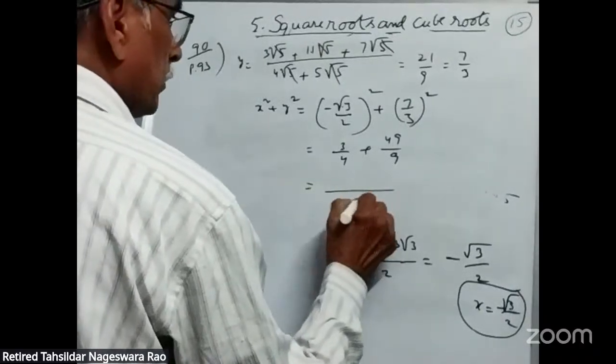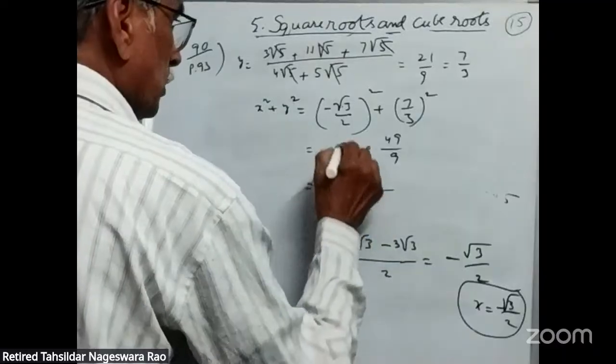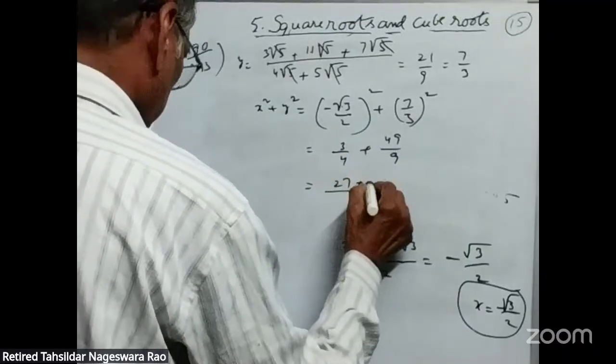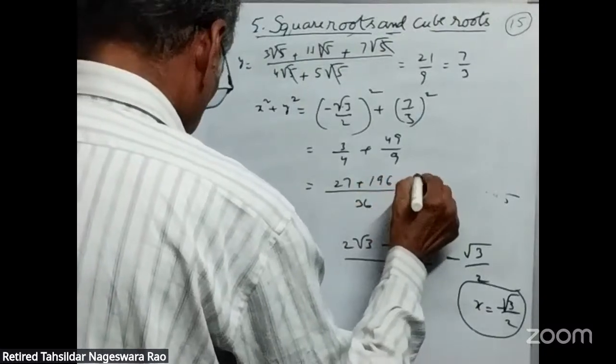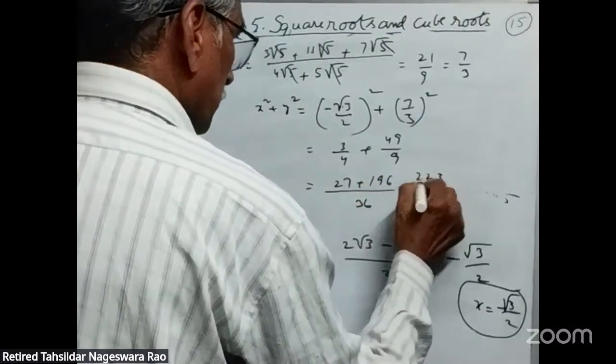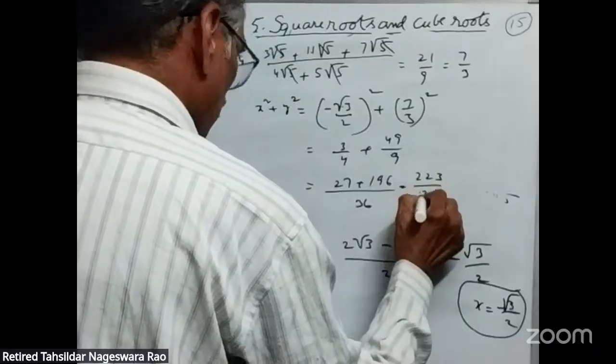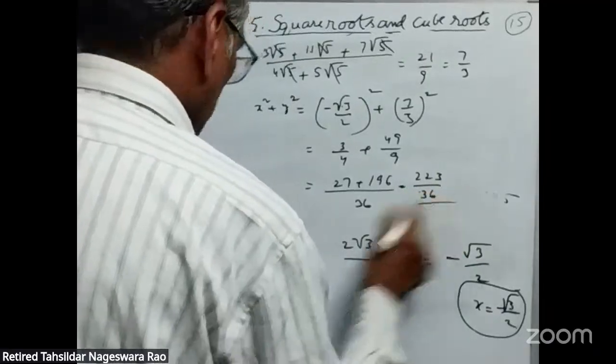The LCM is 36. 9 into 3 is 27, plus 4 into 49 is 196. That is 223 by 36. That is the answer.